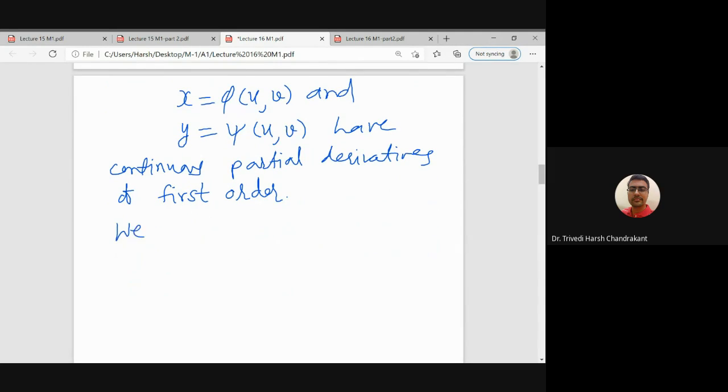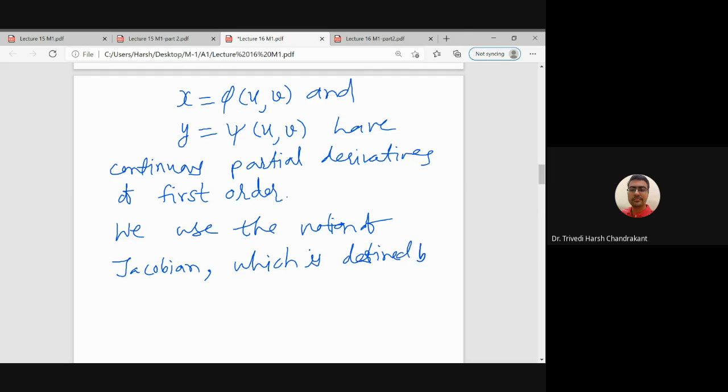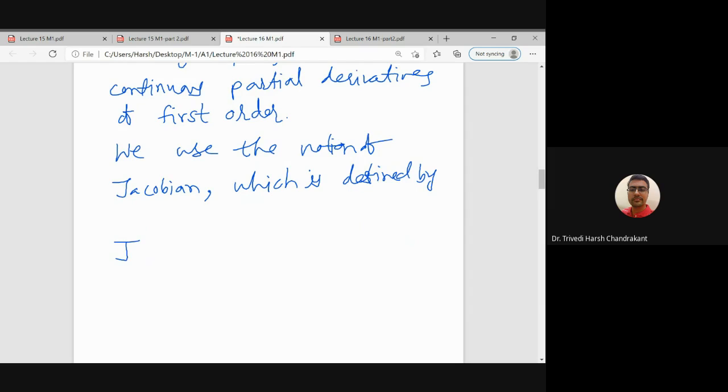So we use the notion of Jacobian, which is defined as follows. The Jacobian will be denoted by J, that is del(x,y) over del(u,v). We are changing the variables x, y in terms of u and v. This is essentially a 2 cross 2 determinant because this is a two-variable function.